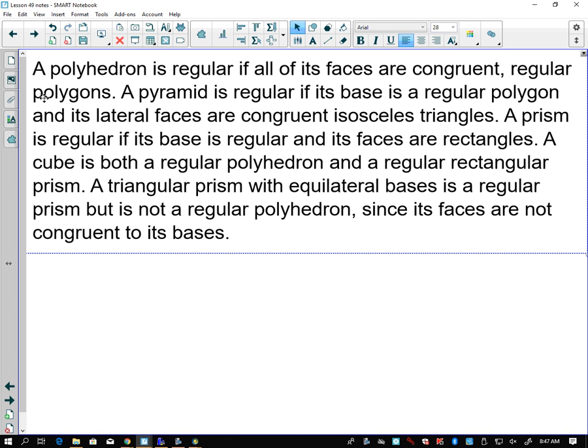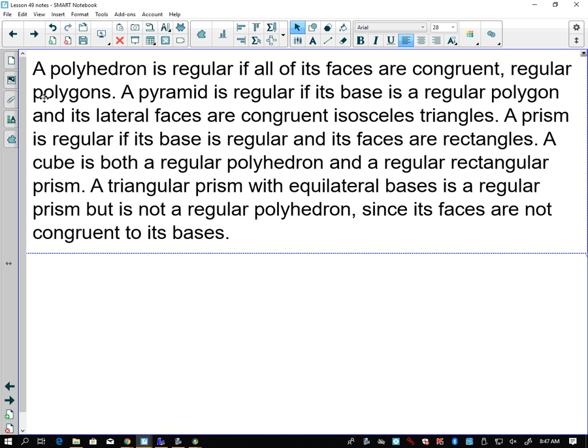A prism is regular if its base is regular and its faces are rectangles. Come back over here to Michael's hexagonal prism. If these 2 hexagons are regular hexagons and these lateral faces are rectangles, it meets those requirements. A cube is both a regular polyhedron and a regular rectangular prism.